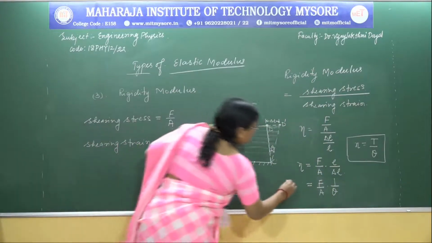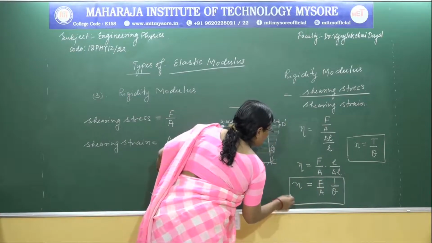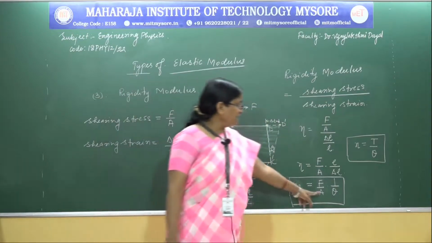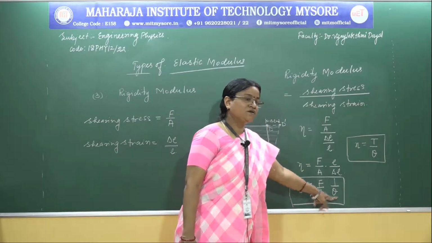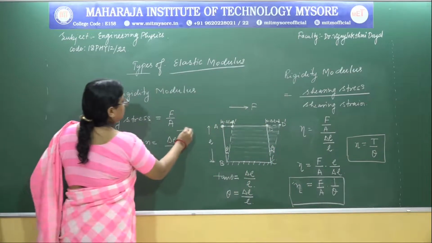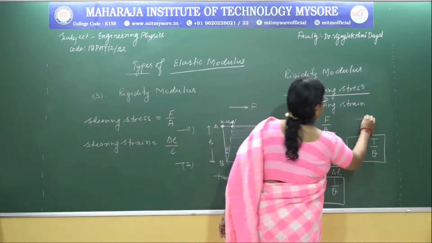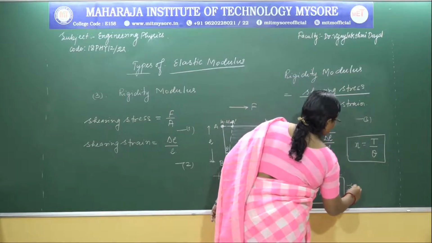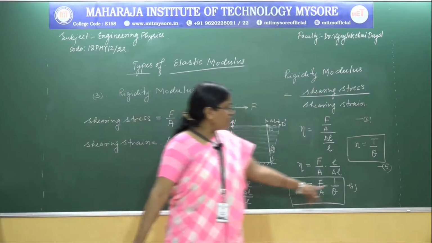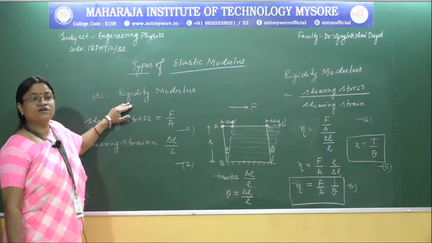So we can denote it by two equations: eta is equal to F by A into 1 by theta, or eta is equal to T by theta. So if we number the equations as 1, 2, 3, then this is 4 and 5. Equations 4 and 5 are the expressions for rigidity modulus.